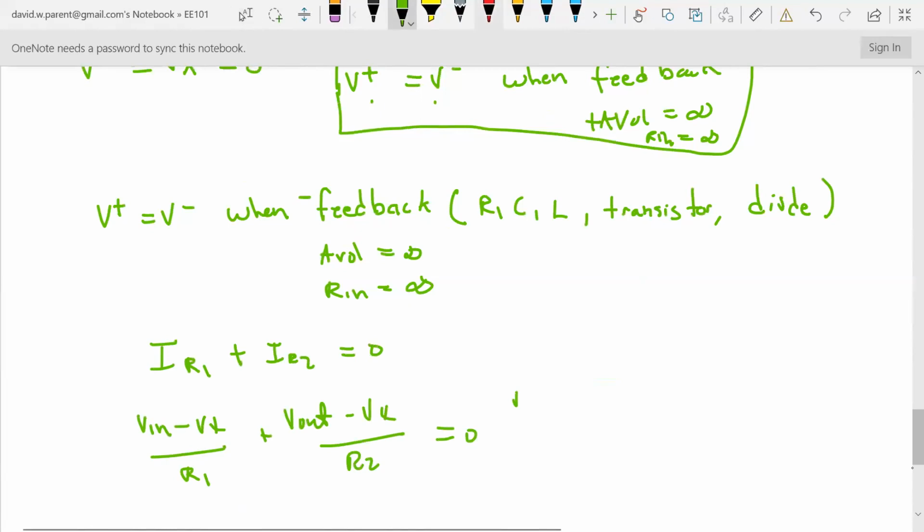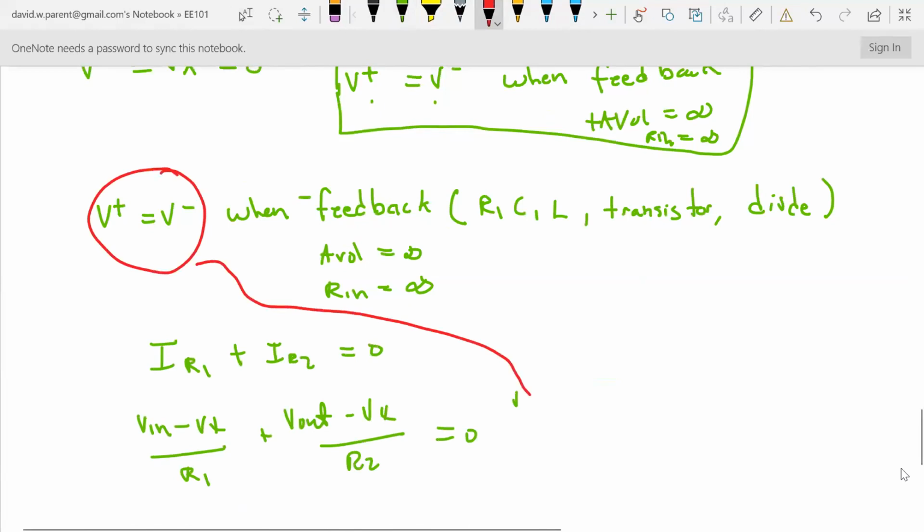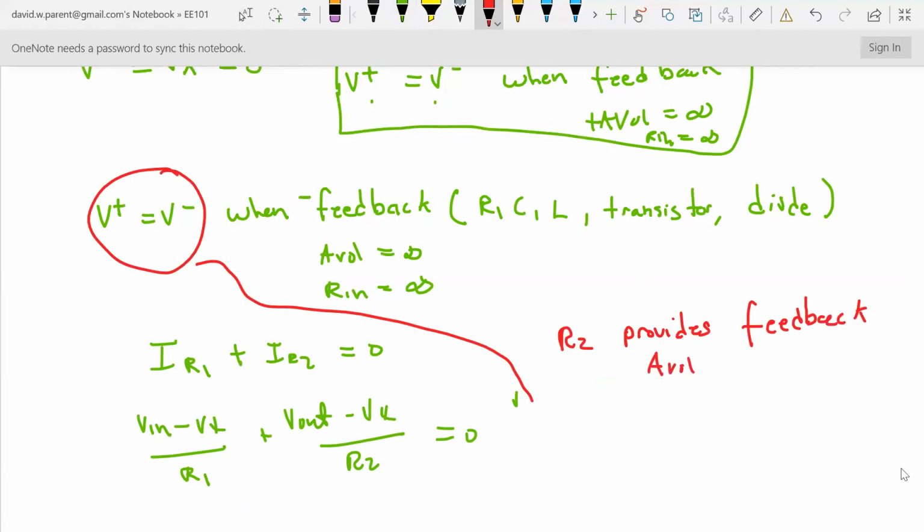Now we can use this relationship, because R2 provides the feedback, and I said open loop gain equals infinity and Rn equals infinity.